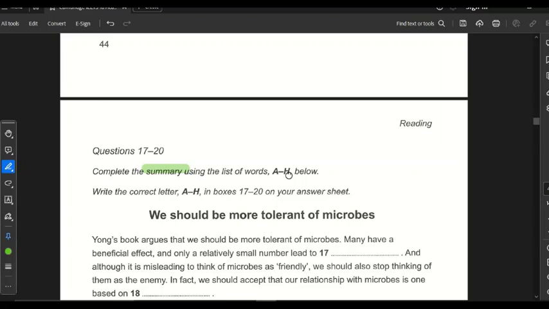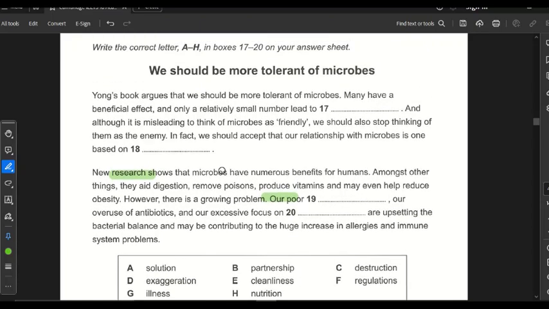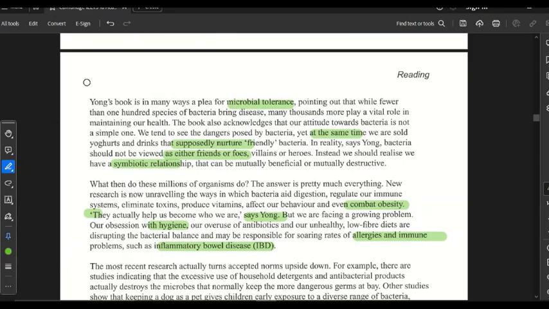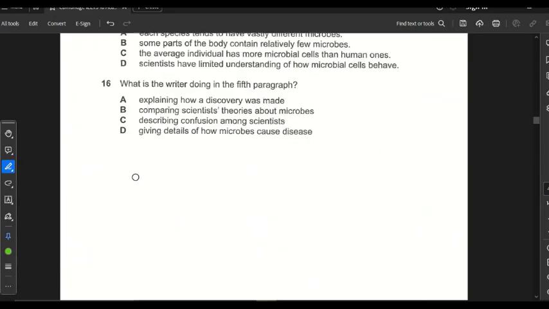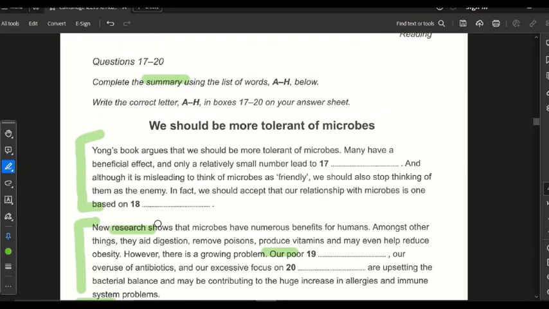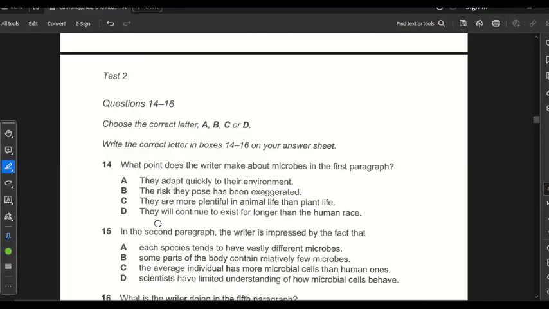Okay, so new research is doing something. What happened is that this whole paragraph contains answers for this summary. And the second one housed the answers for this one. So probably if you go next, you find the answers to these. Let's proceed.